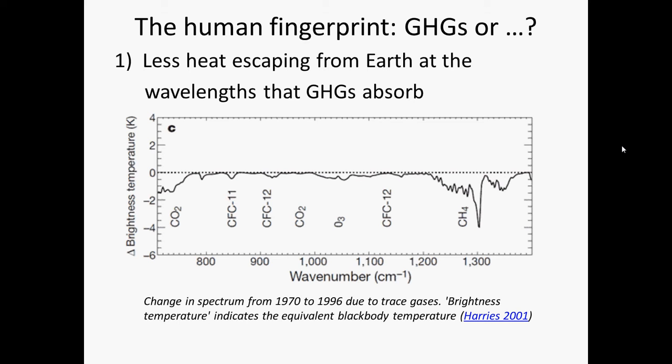So this is looking at the wavelengths that are escaping from Earth and how that has changed over time. This figure here is showing you 0, which is the average amount of energy leaving at each wavelength between 1970 and 1996.